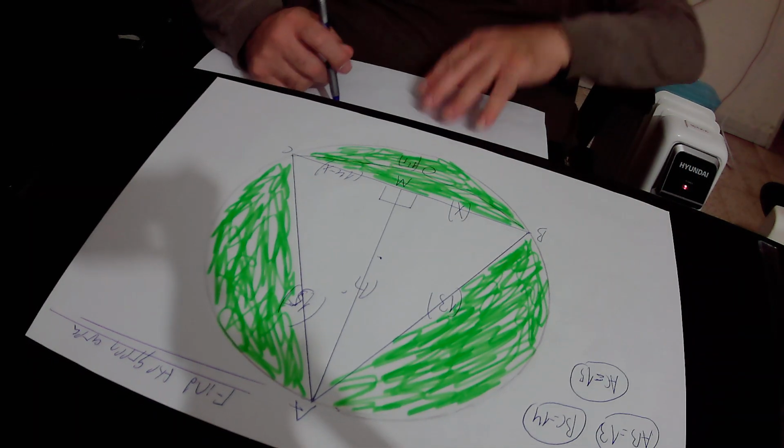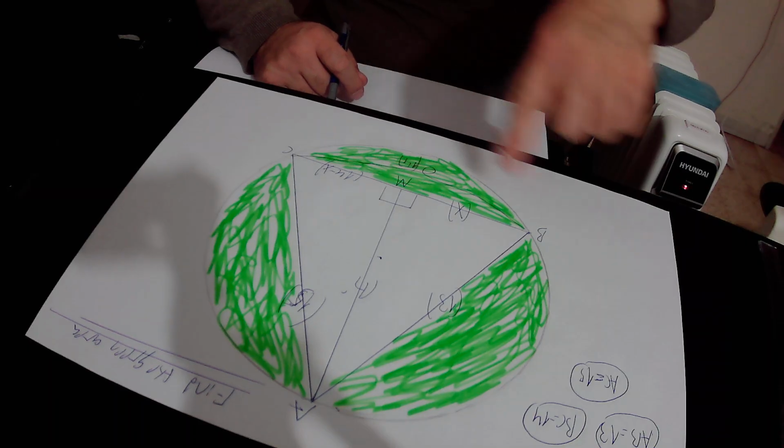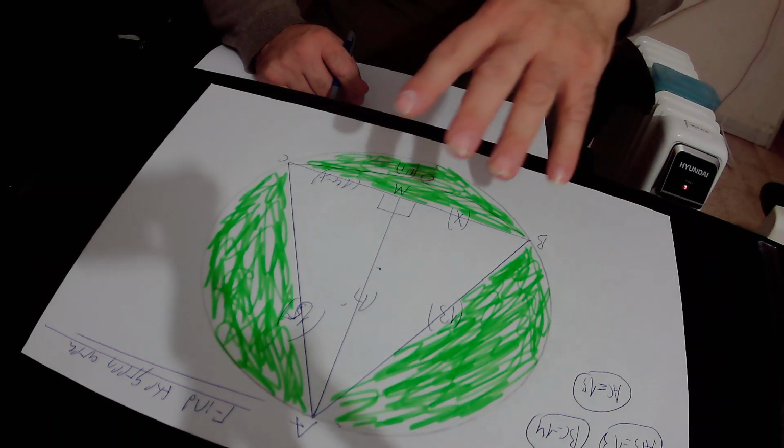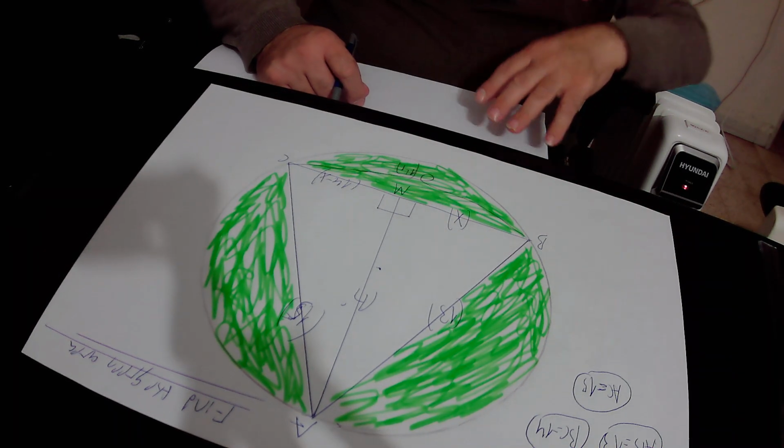In the next step, I will copy the right triangle, triangle AMB, in a new page, and we will implement on this right triangle the Pythagoras theorem.